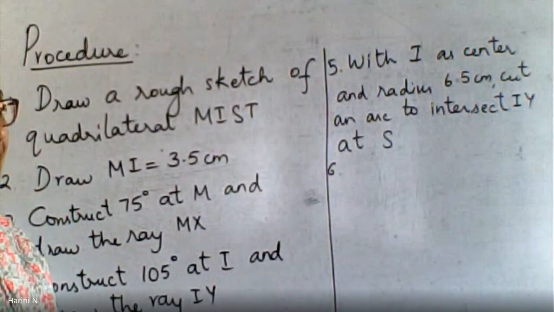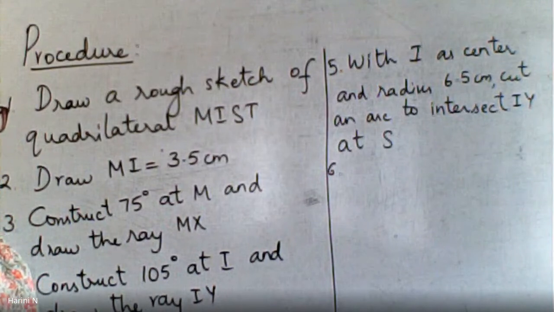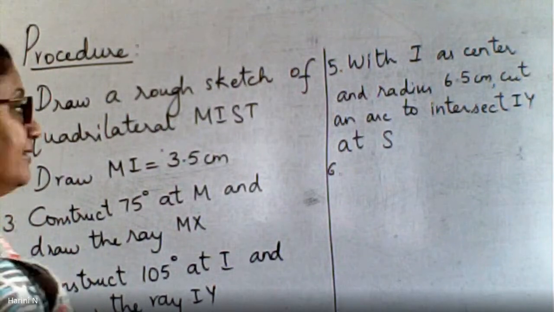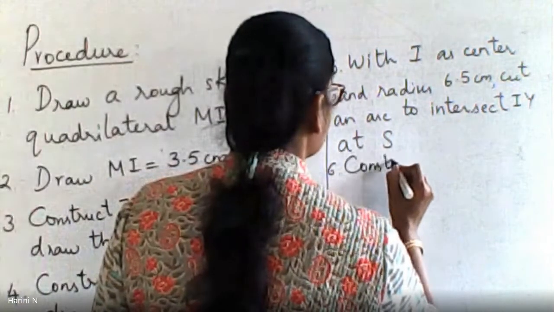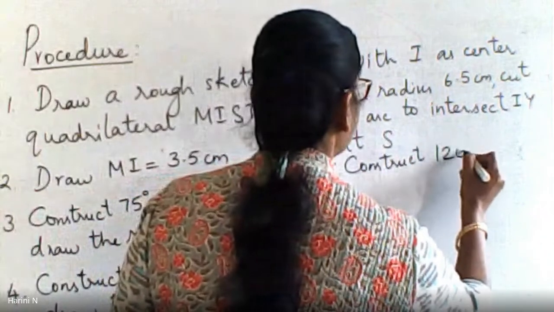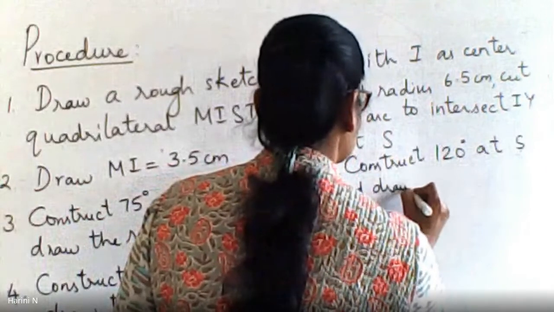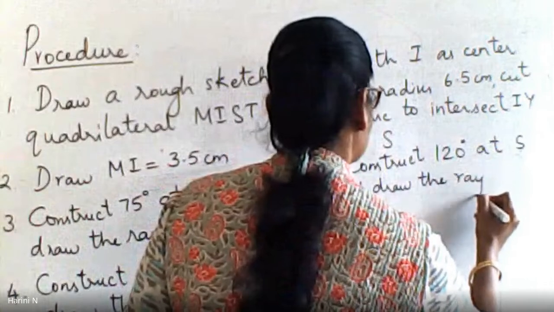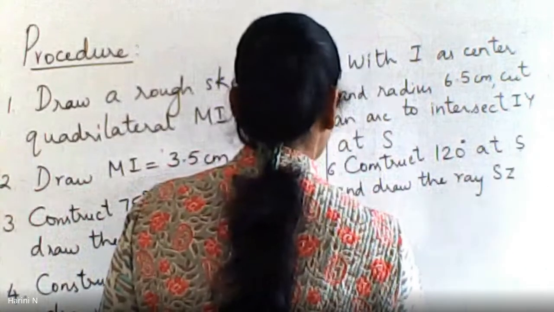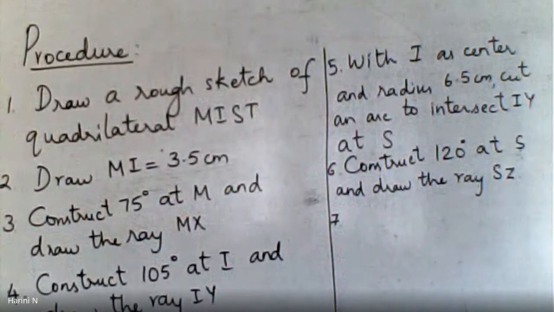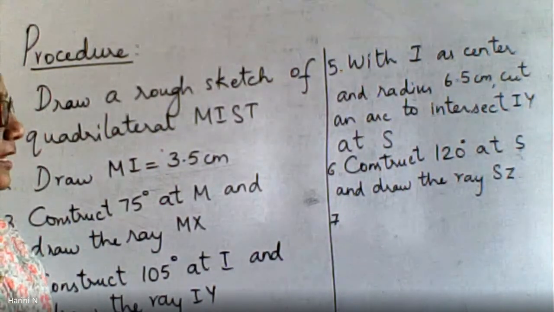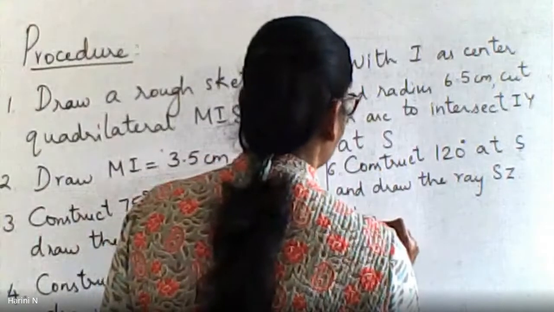Next, what is the next step? Construct 120 degrees at S and draw the ray SZ. Then what was the next step that happened? When you drew that ray, what happened? You got the fourth point or the fourth vertex. Name the point of intersection.